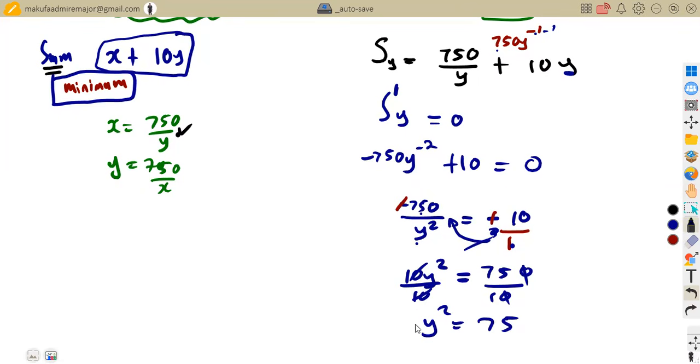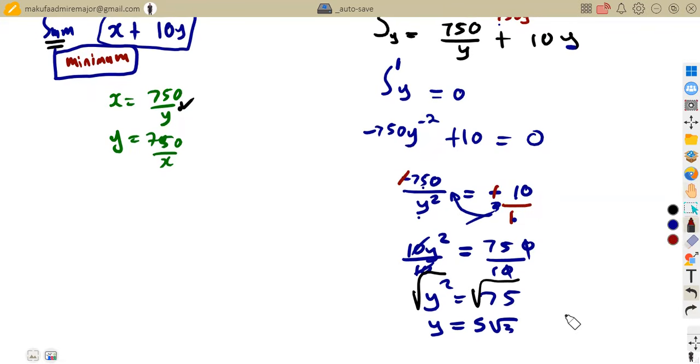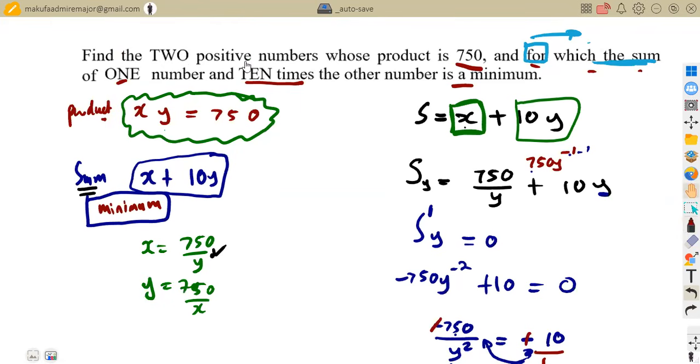For us to find the value of y, we simply introduce the square root. So y is going to give us 5 square root of 3, or as a decimal, something like 8.66. We are taking the positive, because remember the square root of a number is plus or minus, but here it's saying two positive numbers.